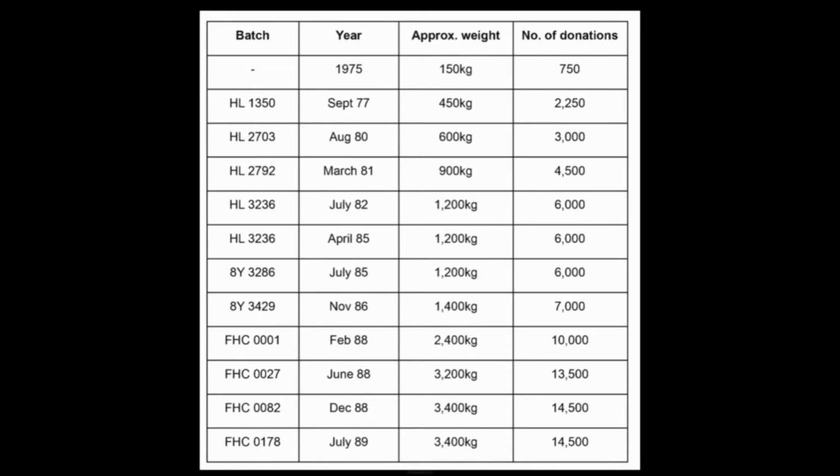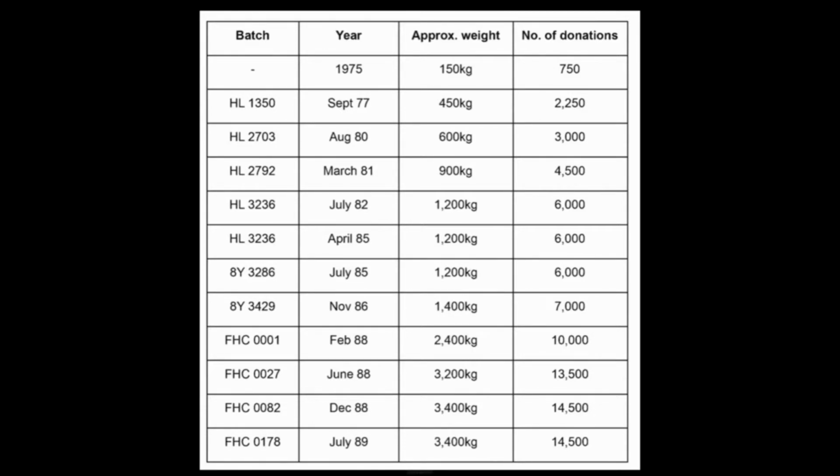The next figure is for February 1988. The weight has gone up to 2,400 kilograms, number of donations 10,000. June 1988, 3,200 kilograms, number of donations 13,500. December 1988, 3,400 kilograms, number of donations 14,500. Same figures for July 1989. So that is what we get from Dr. Snape's estimates.